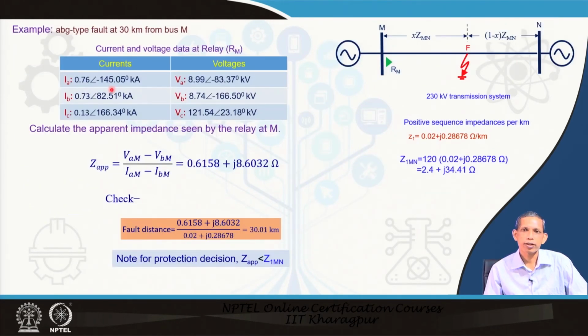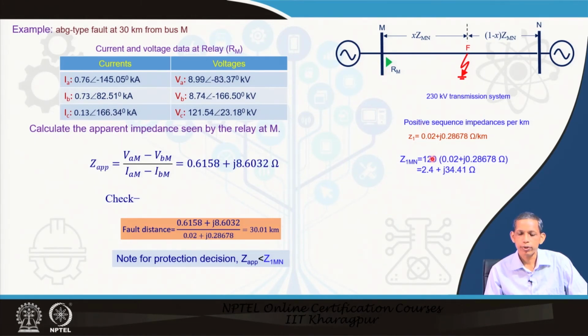Now, let us see an example. An ABG fault, same point 30 kilometers, and the corresponding fault data are provided here and voltages are also provided here. So, the fault is in A and B, that is why the voltages in A and B have gone down and currents are up. Now, we will calculate the apparent impedance for this case as seen by the relay.